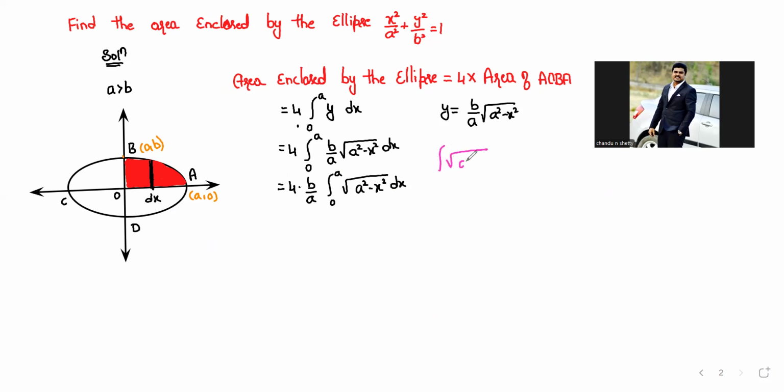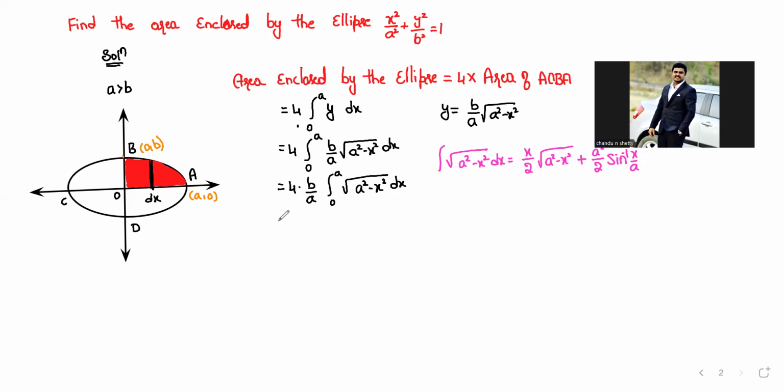We all know the integral formula: the integral of square root of a square minus x square dx equals x by 2 square root of a square minus x square plus a square by 2 sine inverse x by a. This formula is very important in this chapter, so all of you should please learn this first.